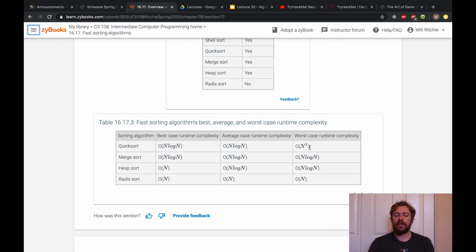And under the worst case, quicksort will perform at big O of n squared. Now if we look at merge sort, it's actually impressive that merge sort is big O of n log n across the board, even in the worst case scenario.